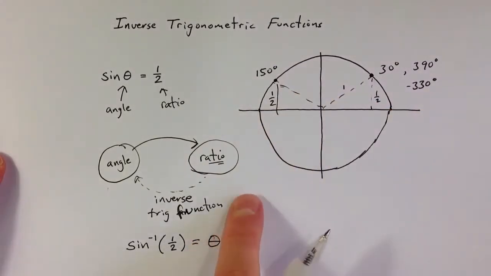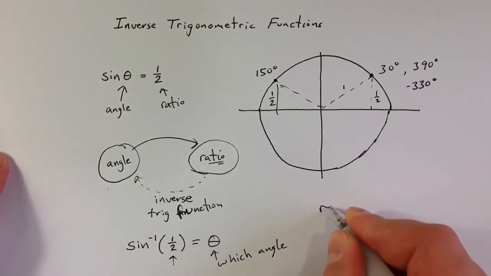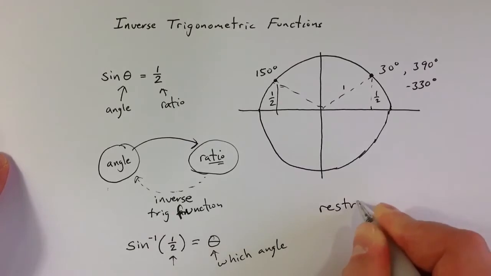A function, however, needs to have a well-defined output. And so if I take a ratio as an input, I need to have exactly one angle come out as the output. And so to define inverse trigonometric functions, we need to choose some sort of restricted set of angles.